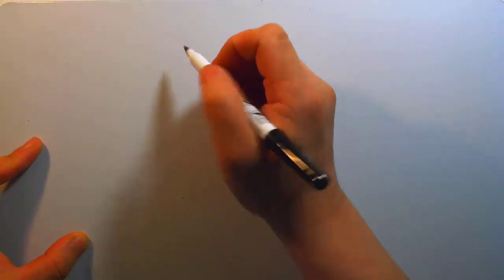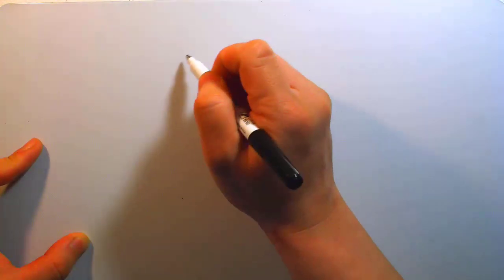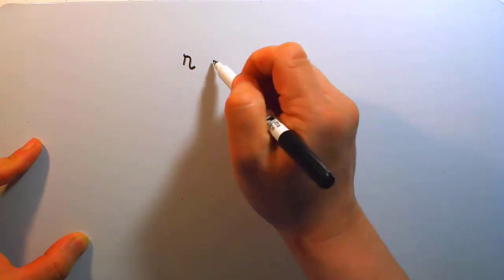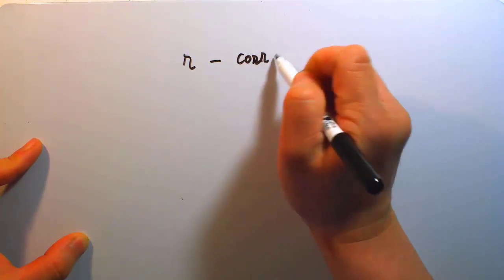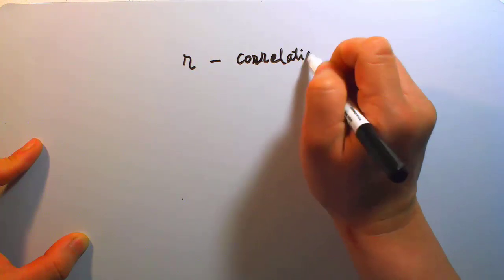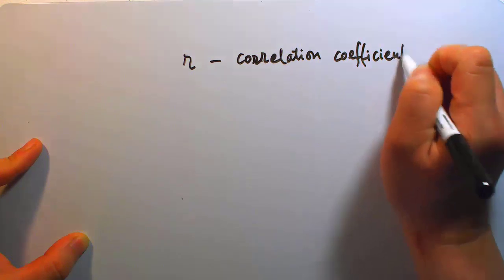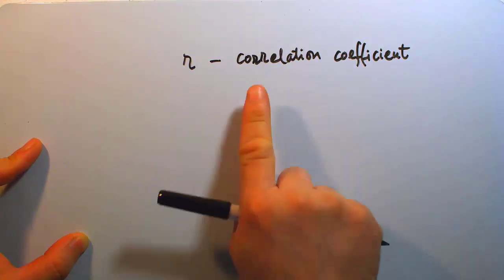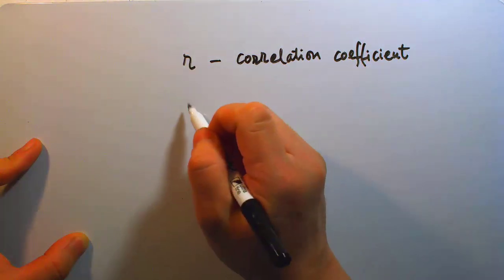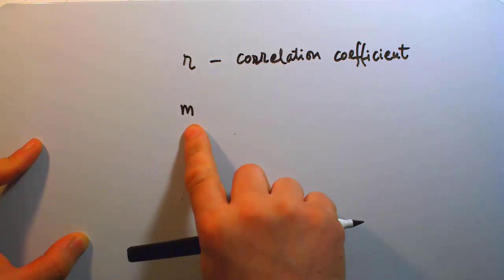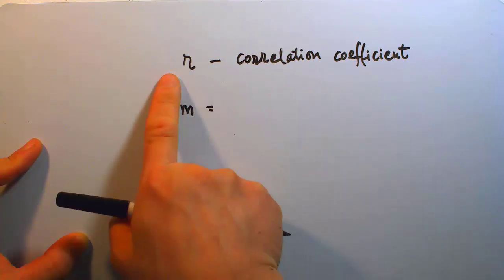And then let's quickly recap before we move on a little further. The first calculation we did was to calculate the correlation coefficient. And once we had the correlation coefficient, the next step was that we were able to find the slope, because having the correlation coefficient gives access to the slope.